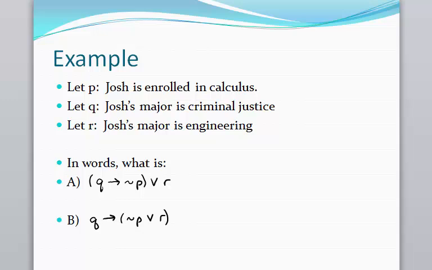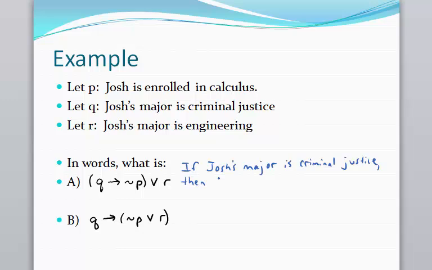So we know that the arrow implies an if-then statement. So if Q, so if Josh's major is criminal justice, all right, so that takes care of the arrow and the Q. This is arrow Q: if Josh's major is criminal justice, then, and we need the negation of P. So P is Josh is enrolled in calculus.